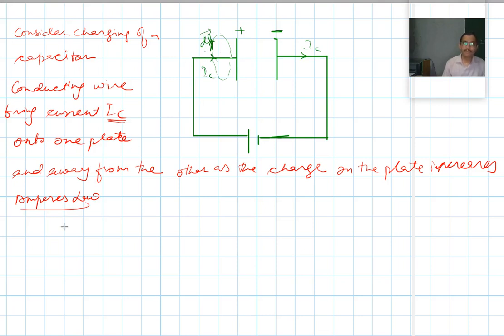That means if I apply Ampere's law, then the closed line integral of magnetic field is equal to mu naught times I, and because current I is IC, it is mu naught times IC, right?